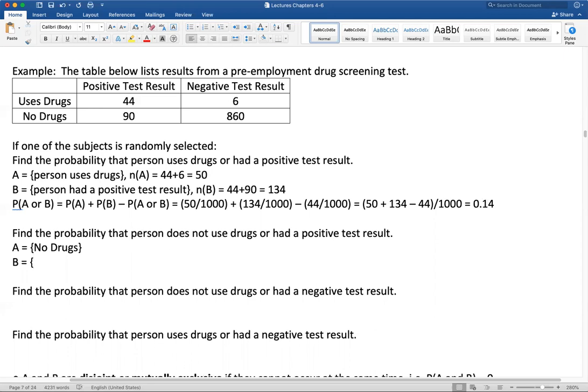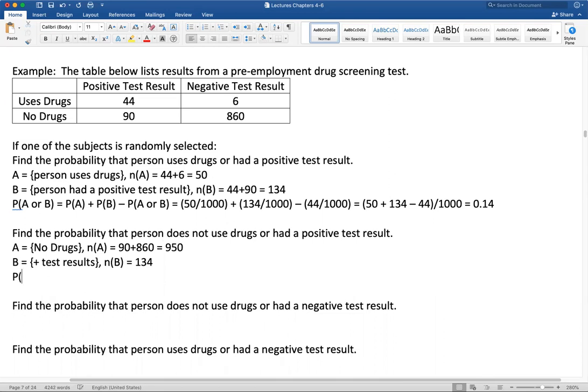The number of outcomes in event A is going to be 90 plus 860, which is 950. And the number of outcomes in event B, positive test result, is 134, right?